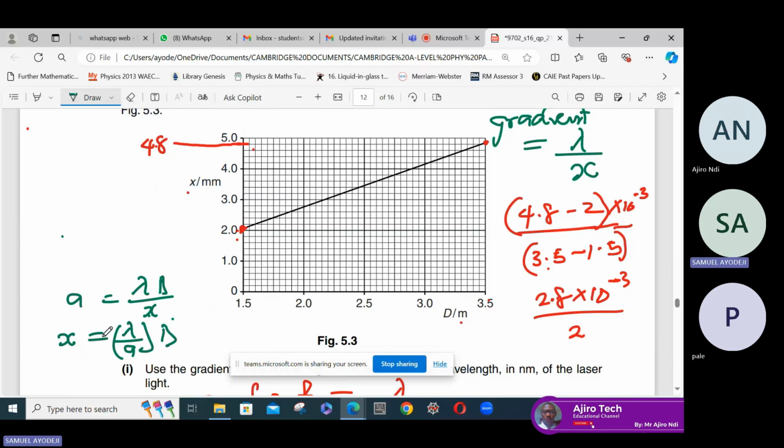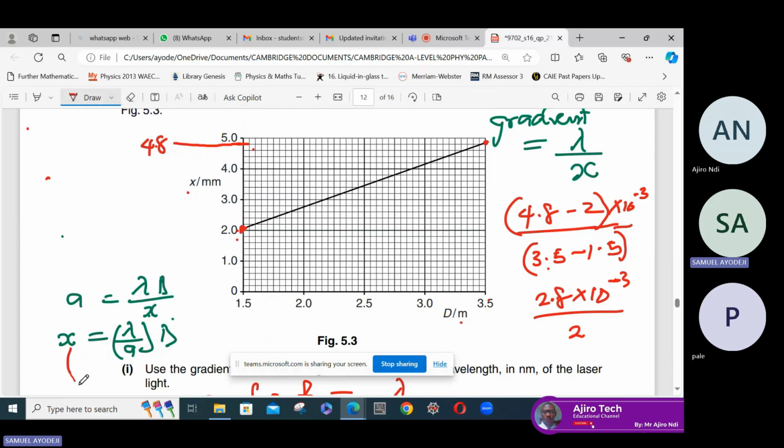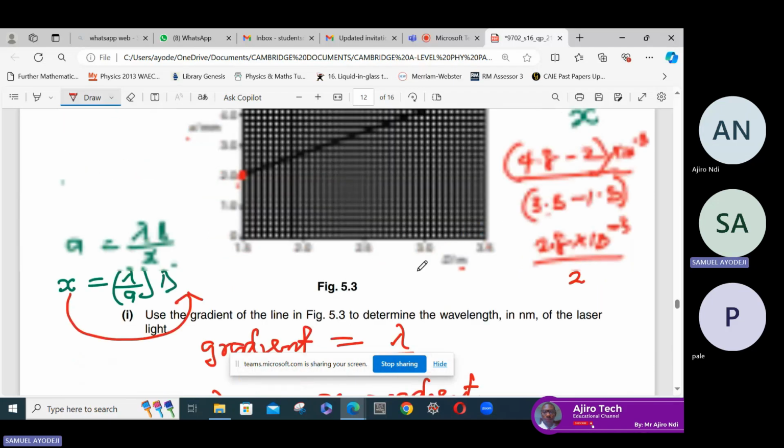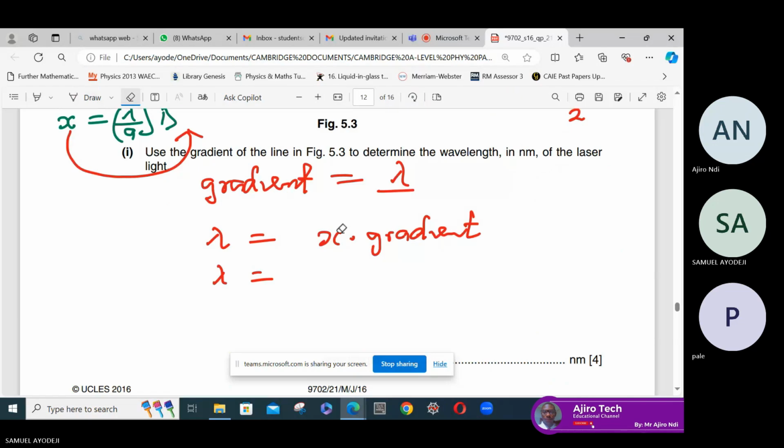So X against D now is correct, and my gradient is lambda over A. So here is lambda over A. That will now give A multiplied by this gradient.